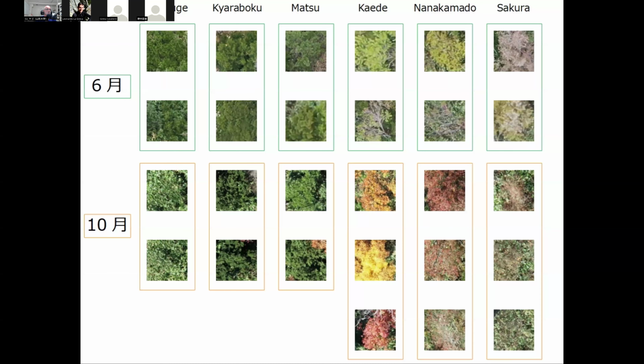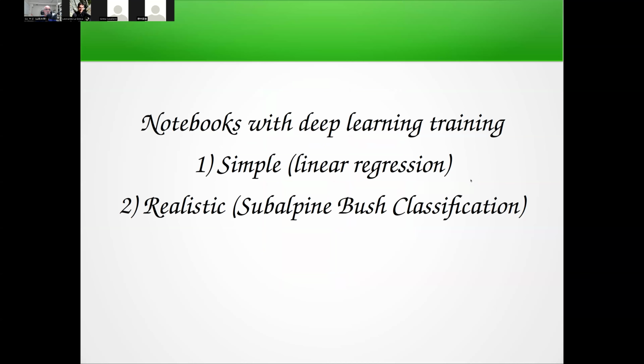We have data from June, 6 months of the year, and this is October. And here you have the different species. There are some evergreen species that look pretty similar all year round, and 3 deciduous species that change color and look pretty different in August than in June, in summer and in autumn. That was something that made our problem a little bit more difficult.